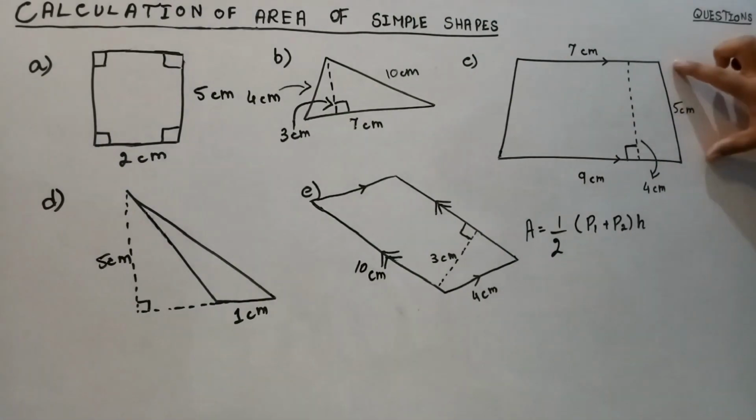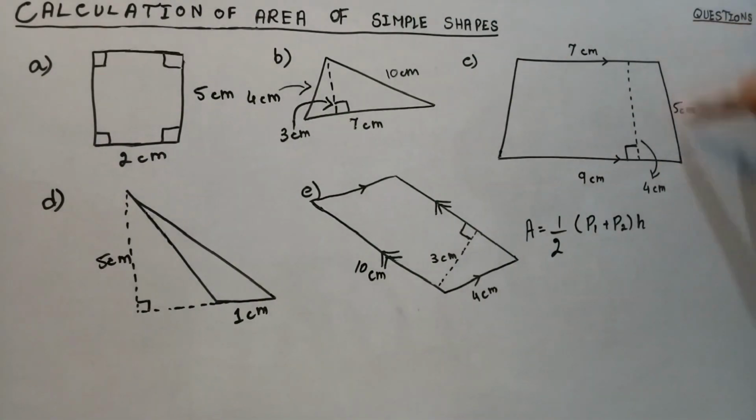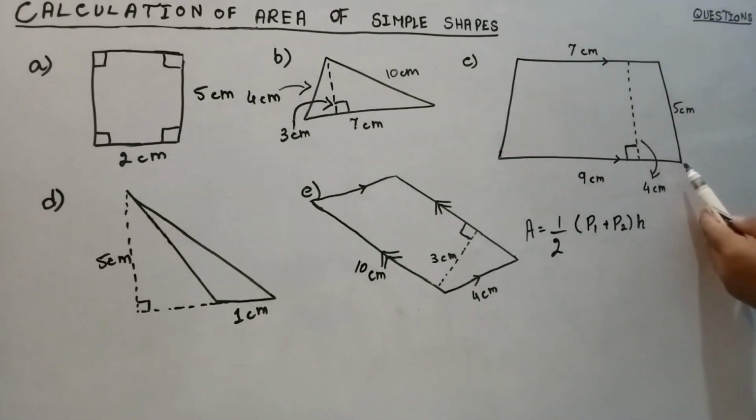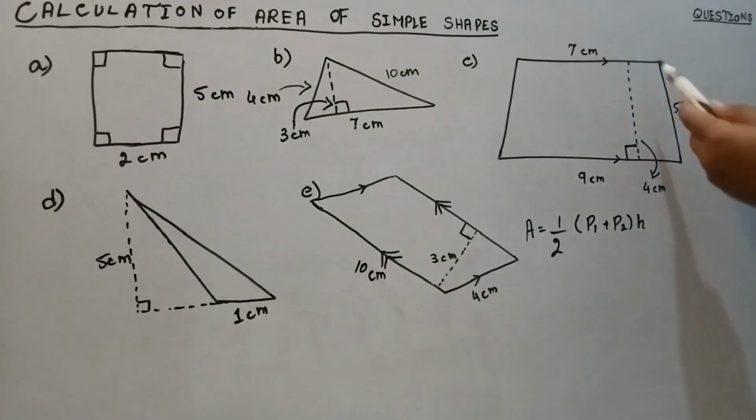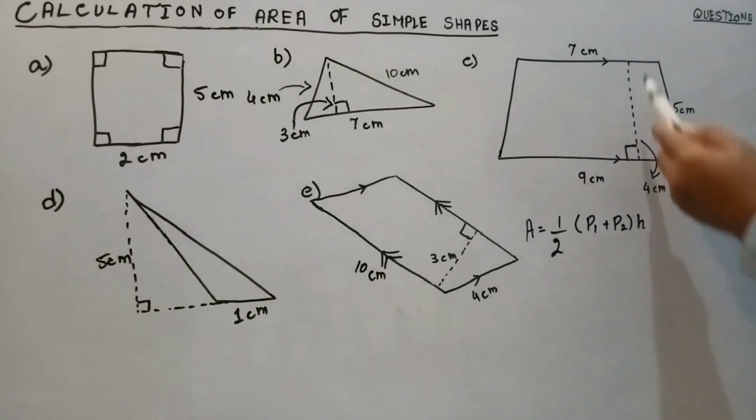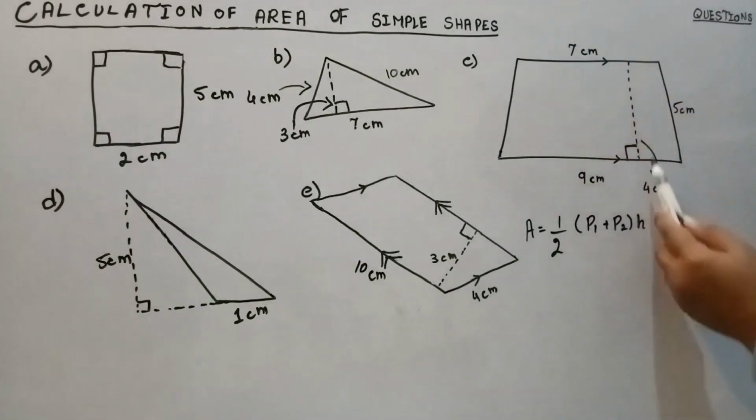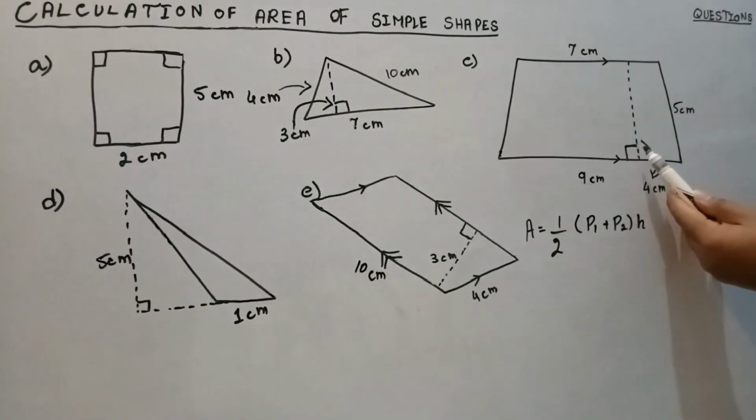You can see here we are given this length. The length of this side is 5 centimeter, but it is not actually the height, because it is not present at 90 degrees. This one, you can see this height, is present at 90 degrees.